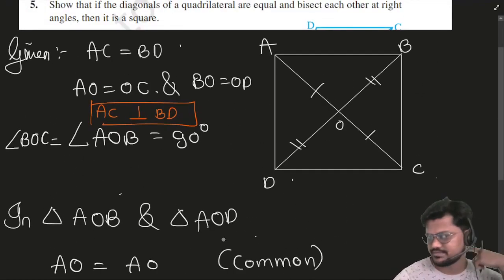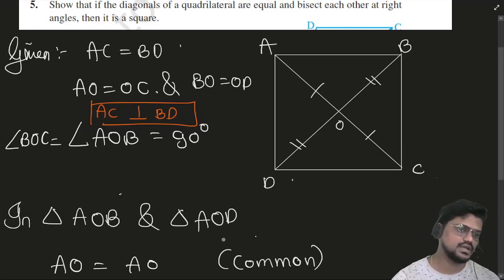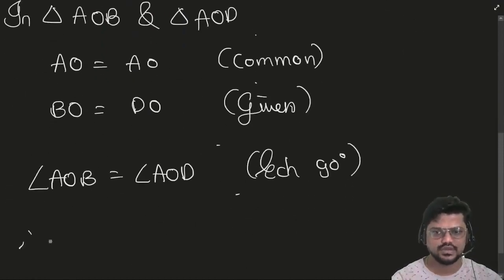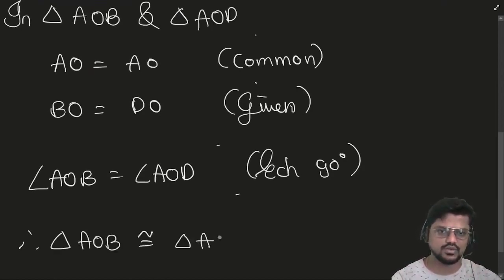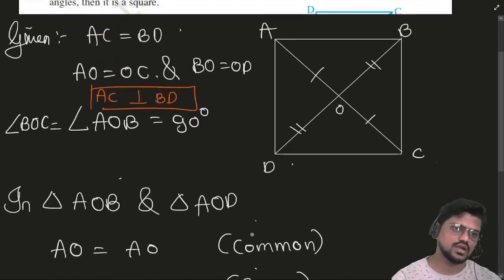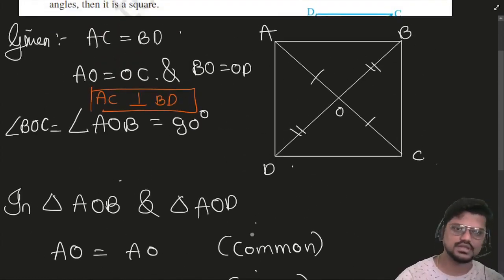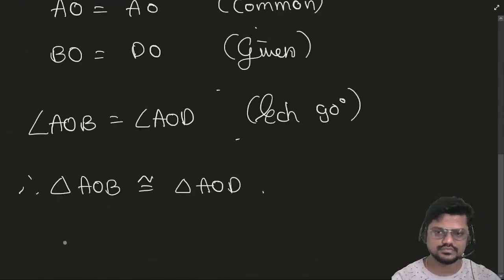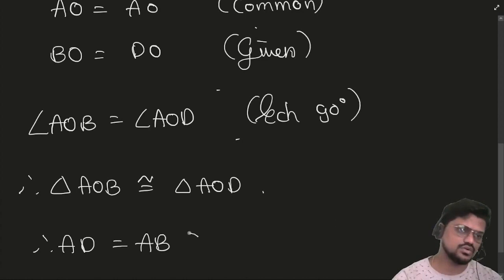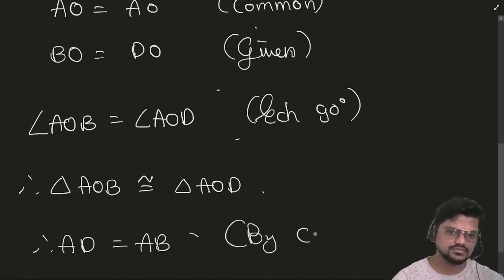Now if this is done, then the two triangles are congruent. Therefore, triangle AOB is congruent to triangle AOD. Now if the two triangles are congruent, then AD equals AB by CPCT.